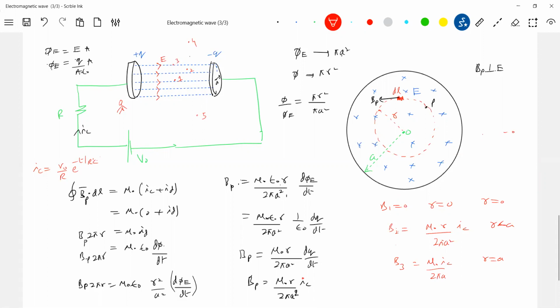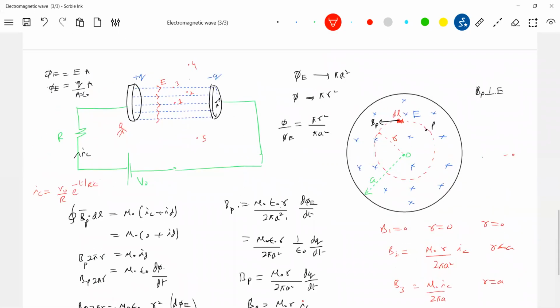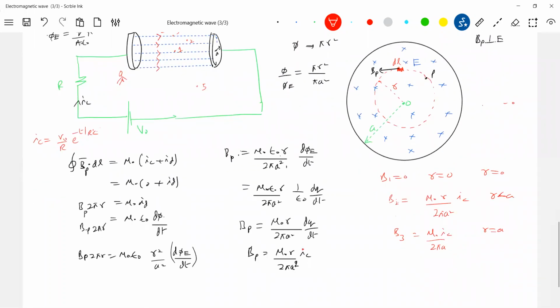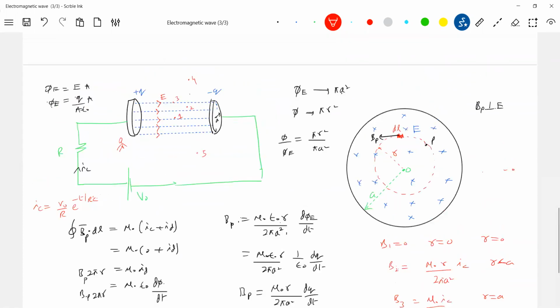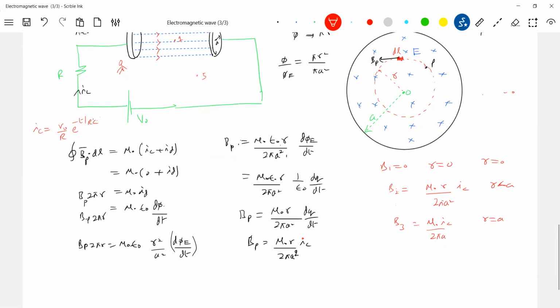What about field at point 4? How to calculate here? The total current enclosed is only the displacement current, no need to calculate anything else.